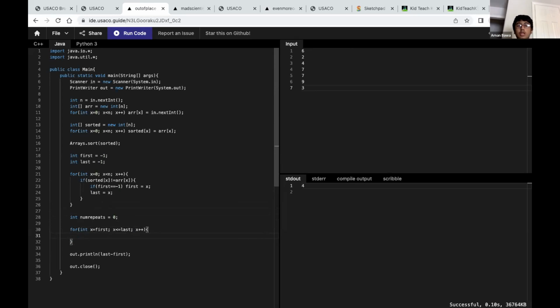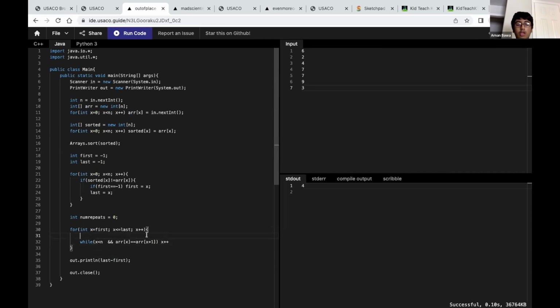So instead of just doing an if statement, I can use a while loop. So I'll say while array of x, sorted or not sorted, array of x is equal to array of x plus 1, then I can continue, so x plus plus. And also I have to check if I'm going out of bounds again, so while x is less than n, and array of x is equal to array of x plus 1.